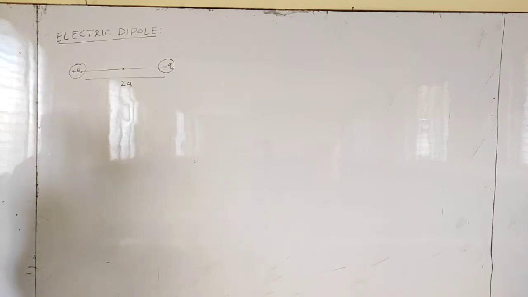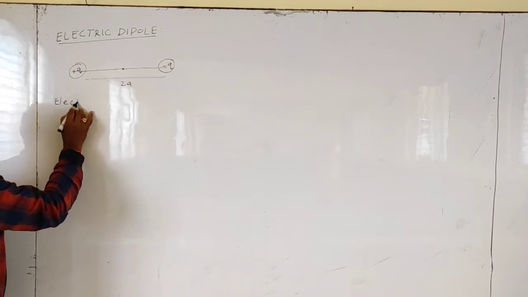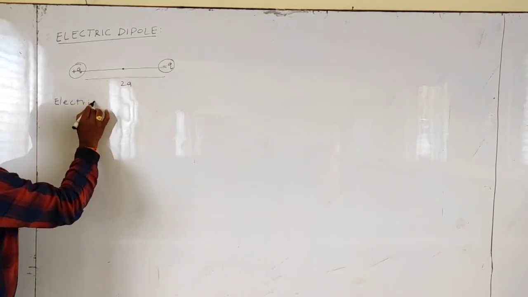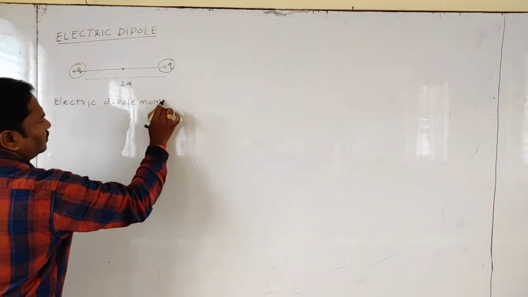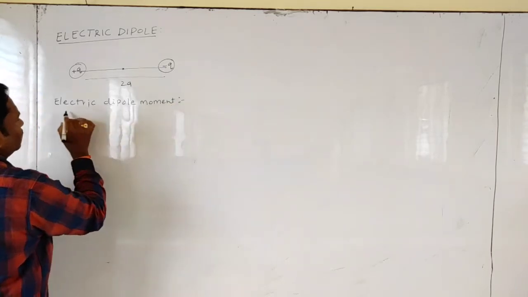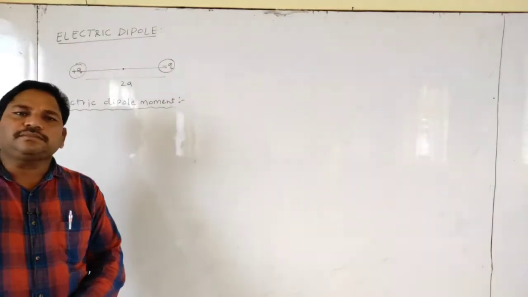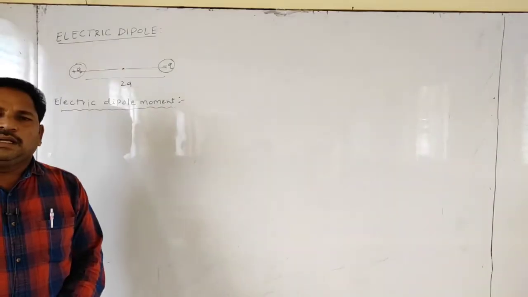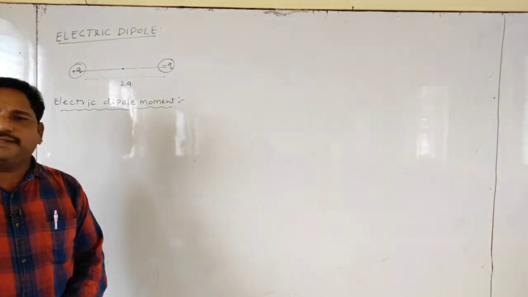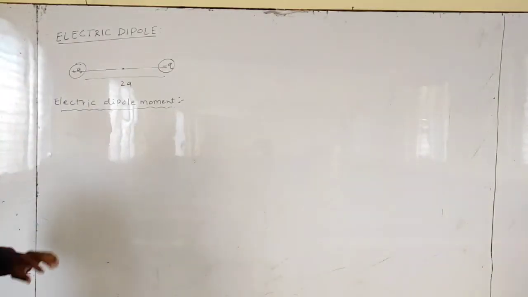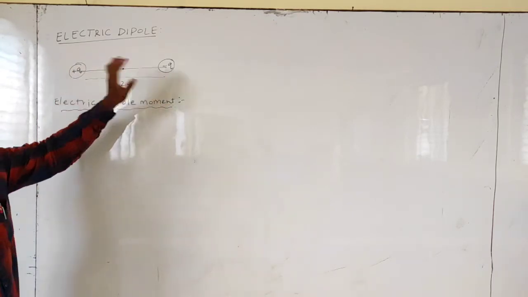Now, what is the electric dipole moment? We define the electric dipole moment as the product of the magnitude of either charge and the distance between the two charges.